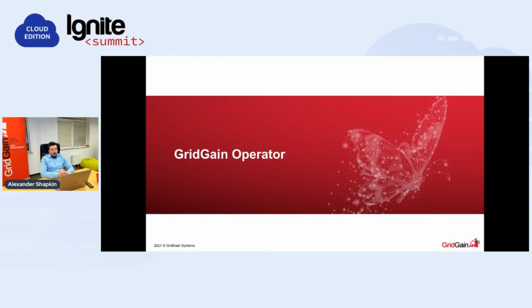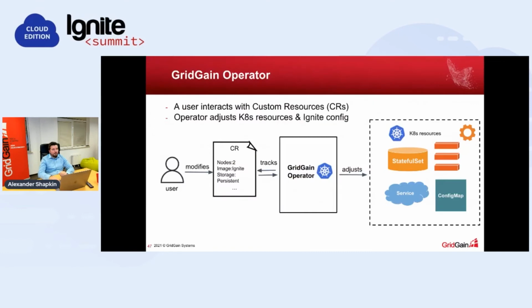Let's keep moving. The next topic is GridGain Operator. So what is the GridGain Operator? Well, it is a special controller that is responsible for managing and running your Apache Ignite and GridGain clusters. First of all, you need to deploy the operator, and then a user interacts with it by changing special custom resources.